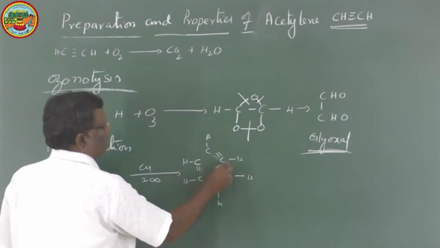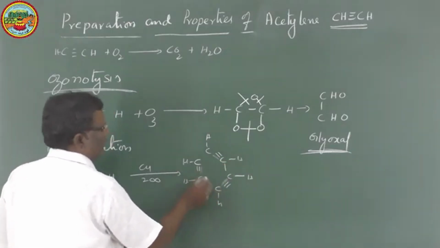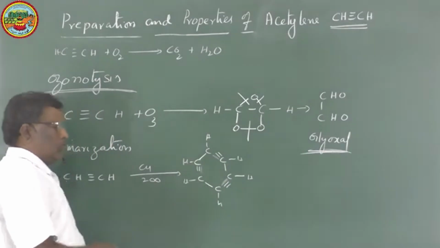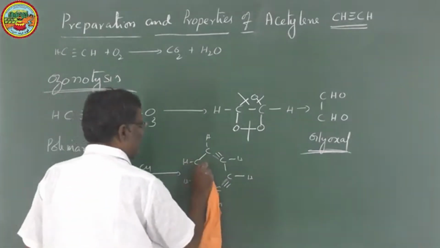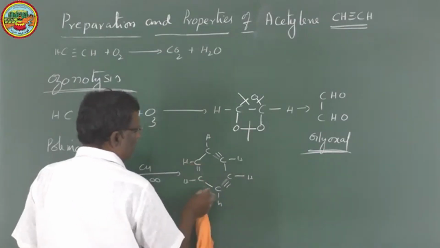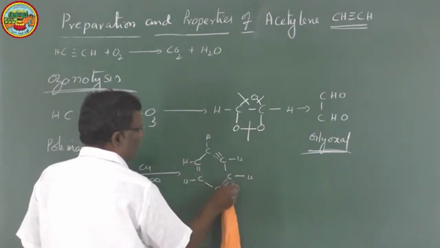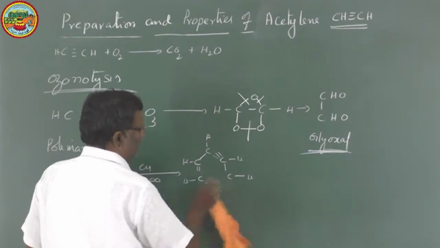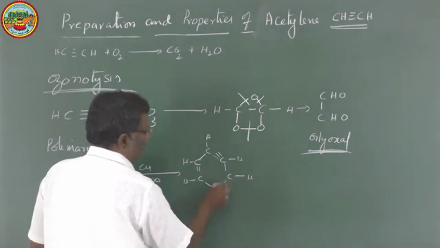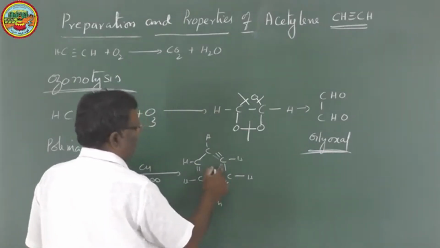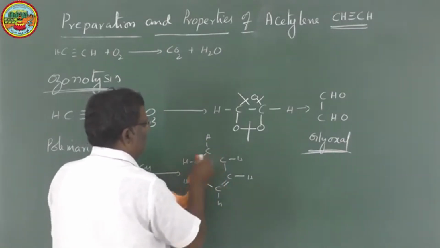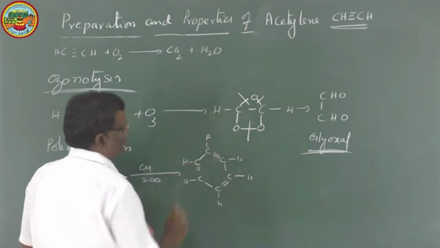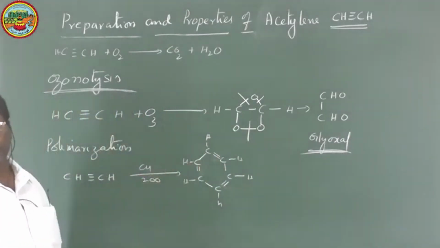Now the process is this: one pi bond will break, and this pi bond forms a single bond between adjacent carbon atoms, so that we have a new molecule with alternating double bonds. In place of the triple bond, now we have one double bond. Previously there was no bond, so one single bond is formed. This is benzene.